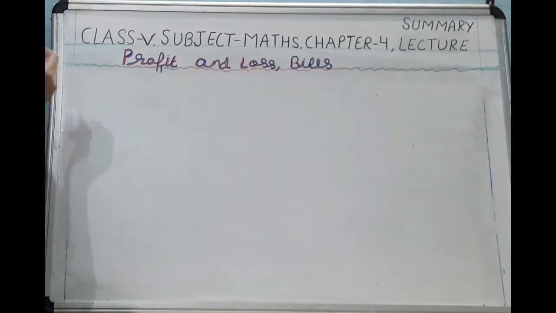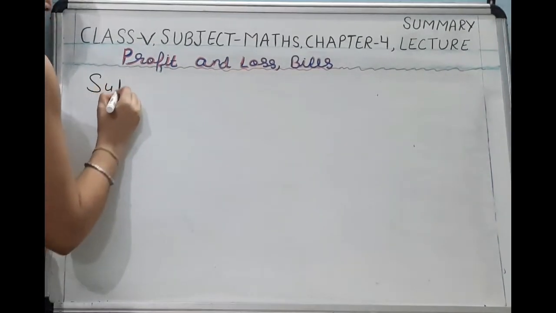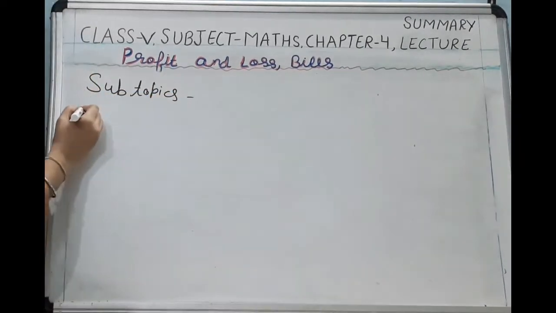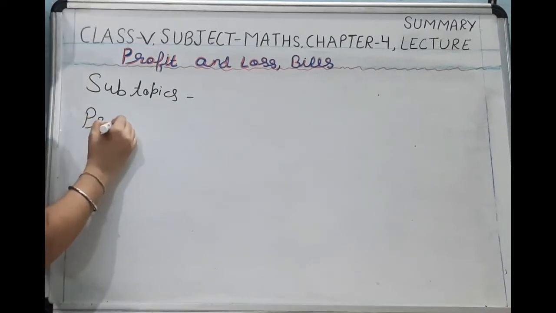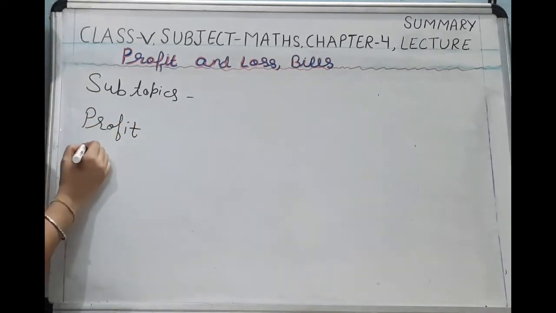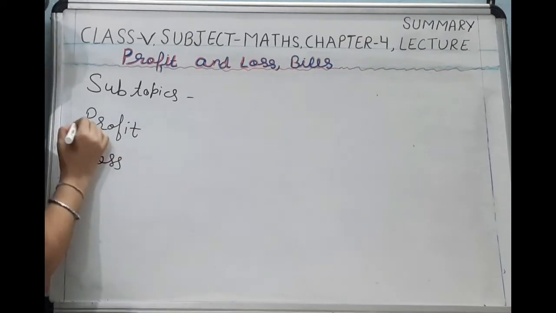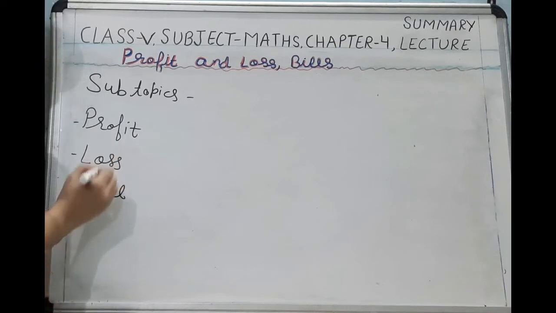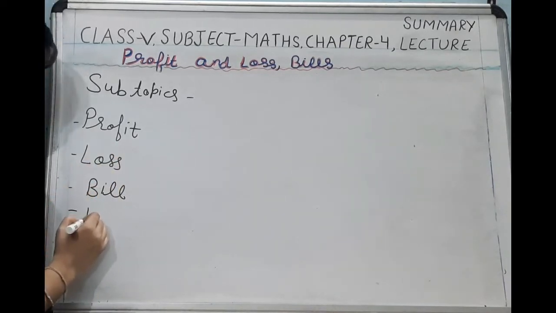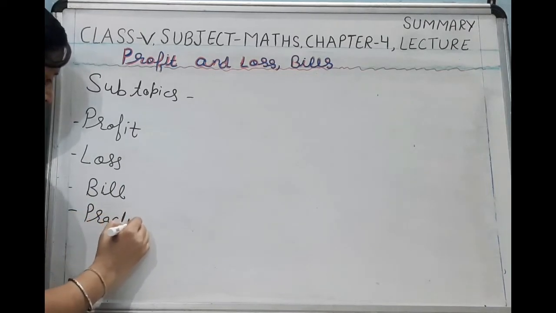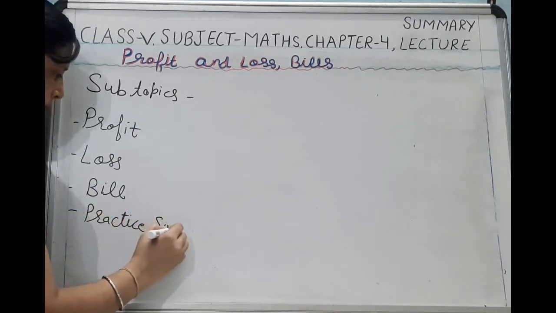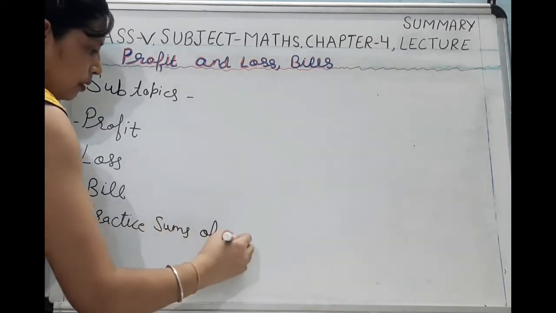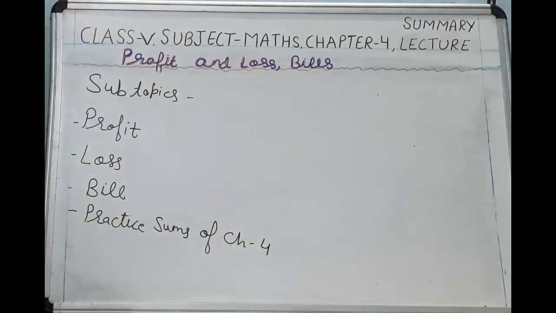Today's subtopics are: we will cover all the concepts like introduction to profit, loss, and then what is the meaning of bill, and along with this we will do practice questions of chapter 4, right?